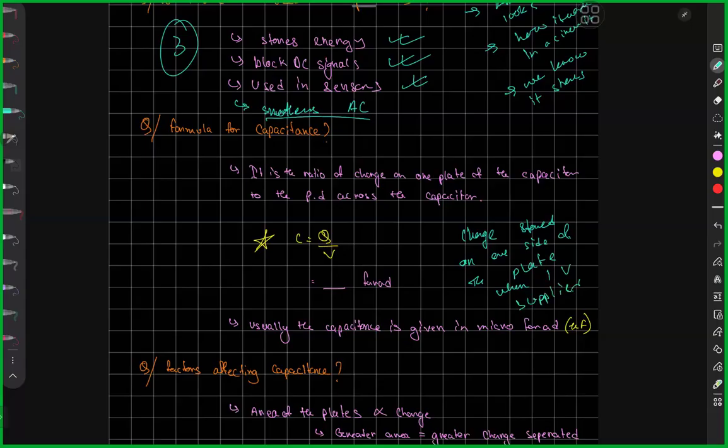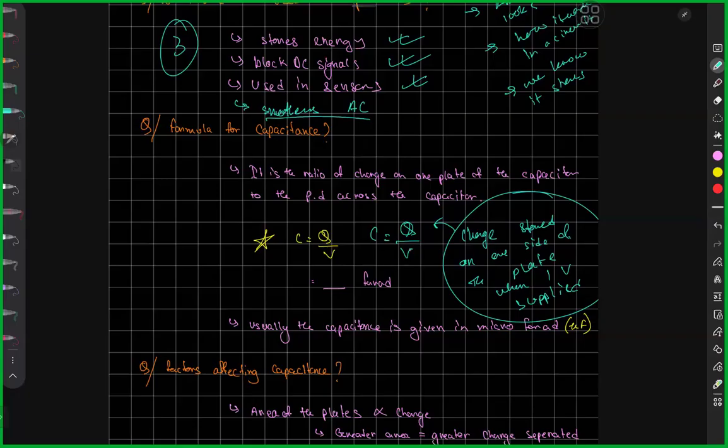Fair, in short, in a succinct manner, this is the definition of a capacitor. So if I had to turn this into a formula, what would I write it as? My capacitance value of a capacitor is given by charge on one plate divided by per unit voltage. Okay, per unit voltage. So this is how I would write the formula.